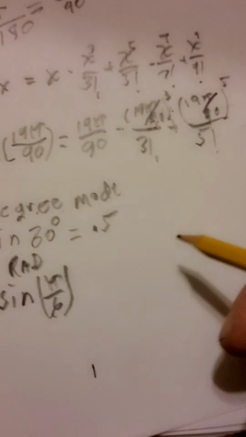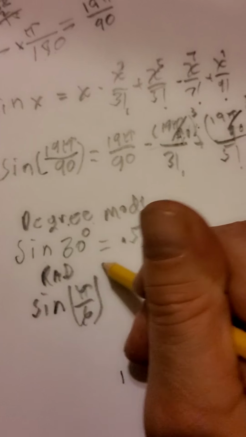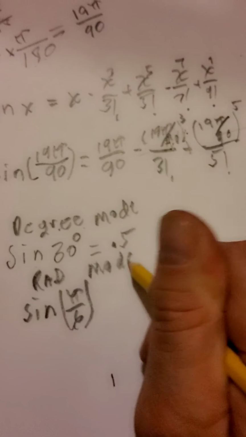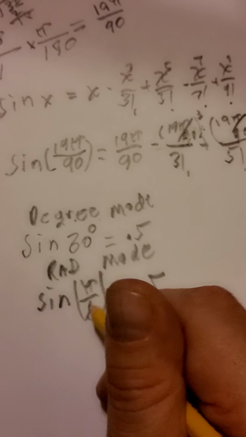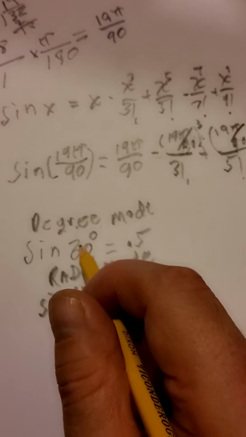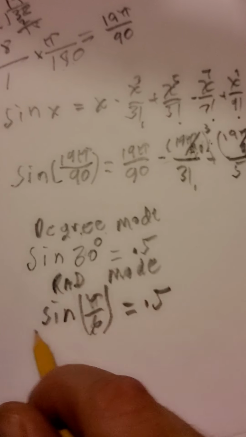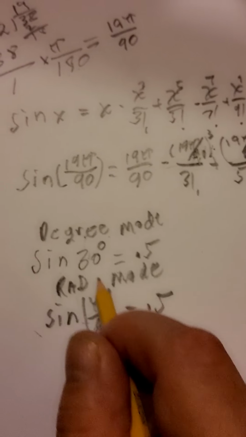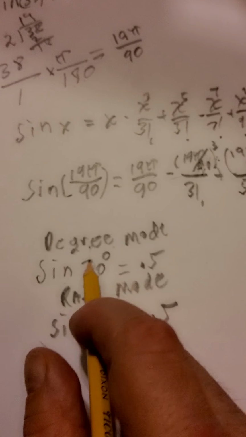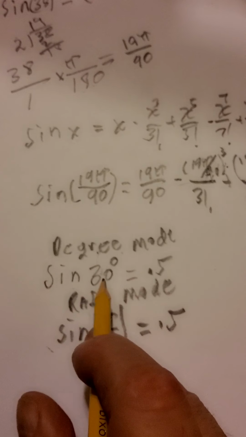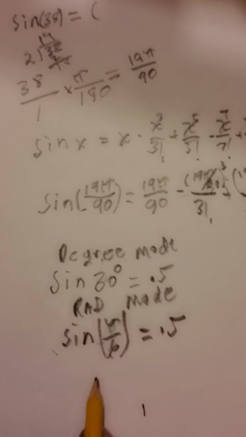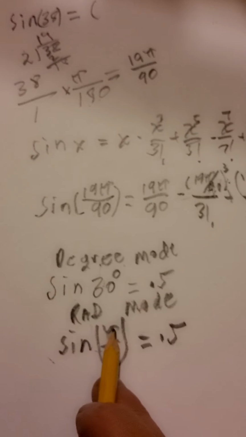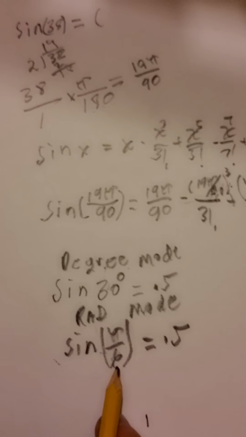If you hit pi over 6 in radian mode, that will also equal 0.5. But if you have sine pi over 6 and you're in degree mode, you get the wrong answer because you'll be trying to calculate this in that many degrees, which is different. Remember, 30 degrees in degree mode is the equivalent of pi over 6 in radian mode.